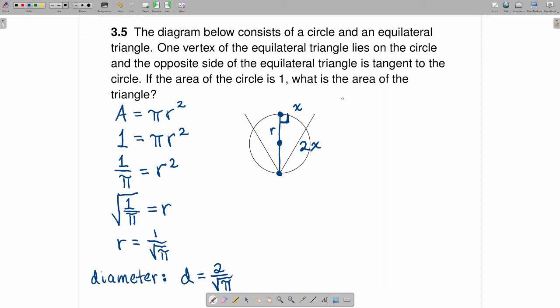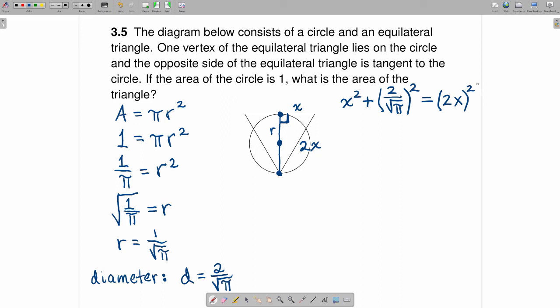And what the Pythagorean theorem will give you is the length of one leg, which is x, it's right here, squared, plus the length of the other leg, and that happens to be the diameter, is equal to the length of the hypotenuse, which in this case is 2x, squared.